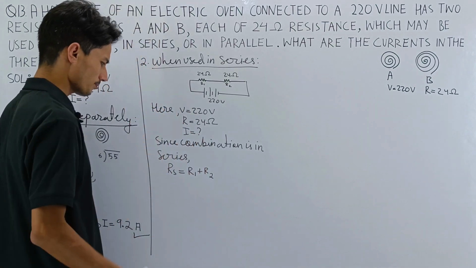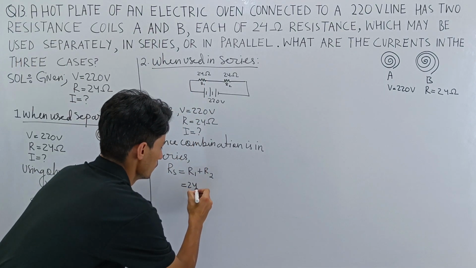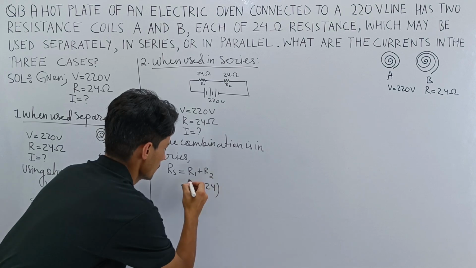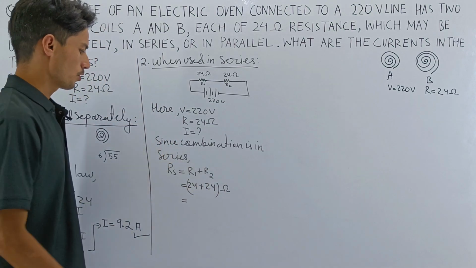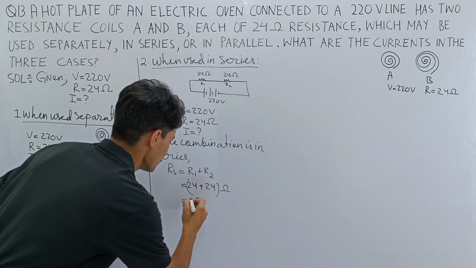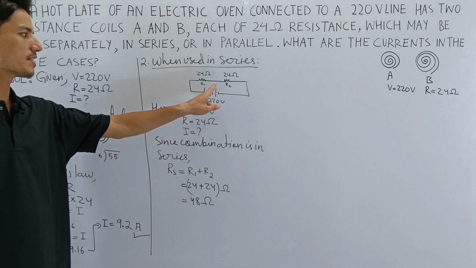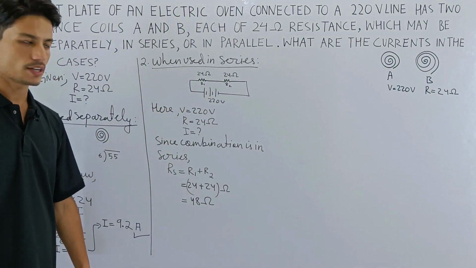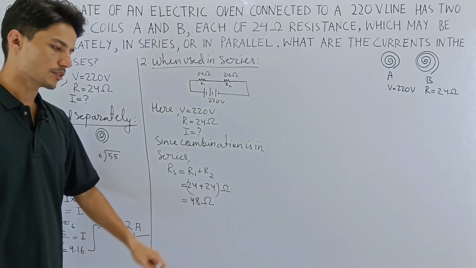So R1 plus R2. R1 is 24, R2 is also 24 ohms. So 24 plus 24: 4 plus 4 is 8, 2 plus 2 is 4. So 48 ohm. The equivalent resistance which acts on the system is 48 ohms.